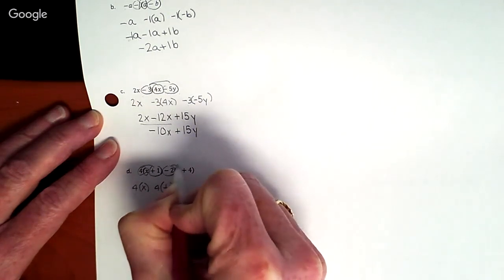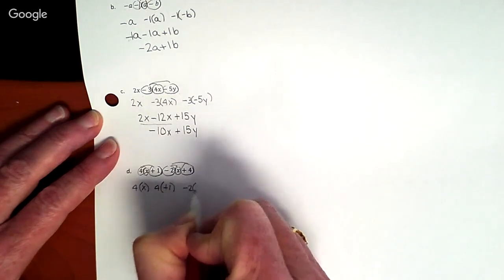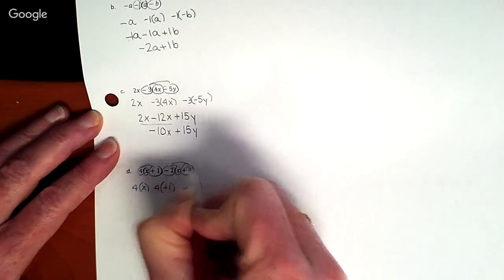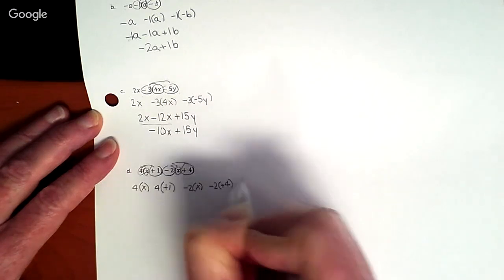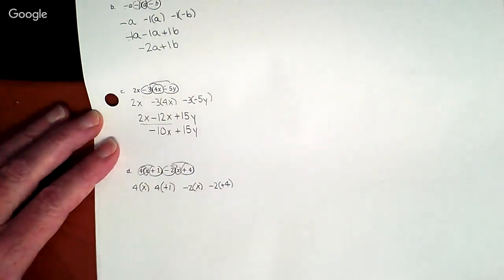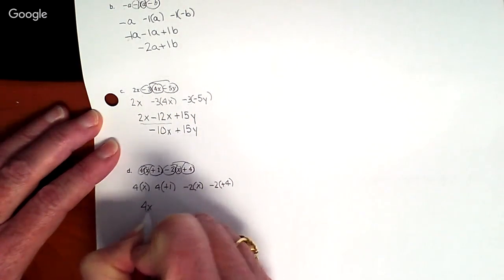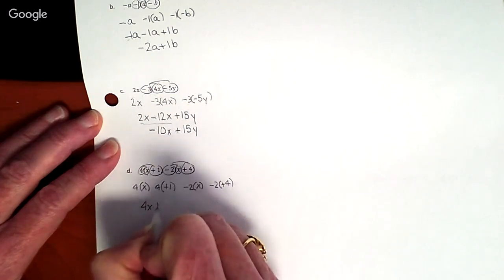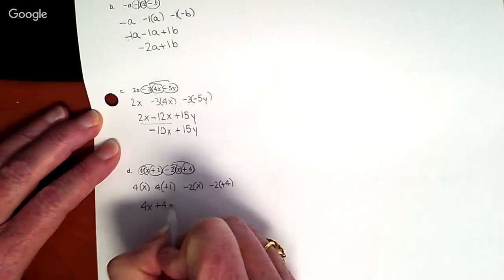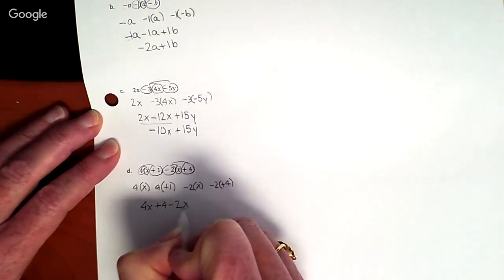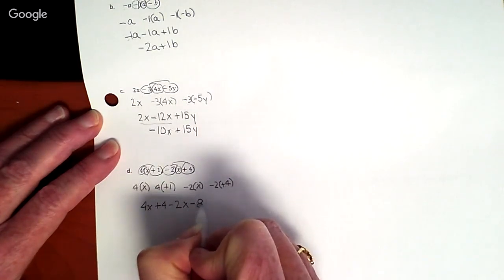We have negative 2 times x, and negative 2 times a positive 4. So we actually have 4 things that we are multiplying. So we have 4 times x is 4x. 4 times a positive 1 is a positive 4. Negative 2 times x is negative 2x. Negative 2 times 4 is a negative 8.